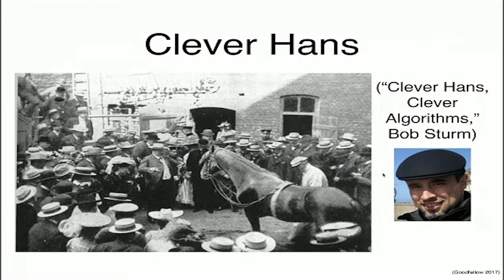He would tap his hoof 1, 2, 3 times, and then people would look excited that he had correctly answered the question, and he would see people's excitement and stop tapping. But if you wore a mask, he wouldn't know when to stop tapping. Basically, he had learned to pick up on the wrong cues, and so he appeared to be able to do the task, but in practice, he'd actually make mistakes.